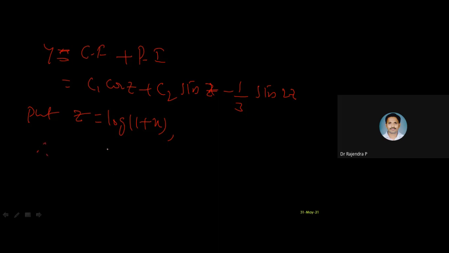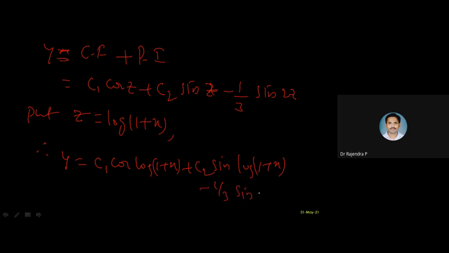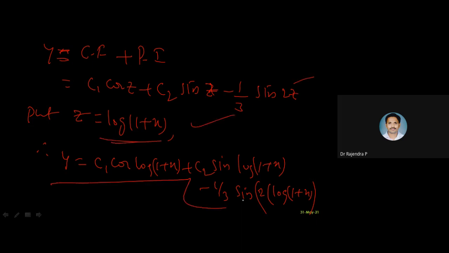Because finally you have to write your entire answer in terms of x. Our original problem is in terms of x. We are solving y for x. So y is equal to C1 cos of logarithm of 1 plus x plus C2 sin of logarithm of 1 plus x, minus 1 by 3 sin of 2 times logarithm of 1 plus x. That's all. Wherever we have z, I simply replaced it with log of 1 plus x. That gives your complete solution.